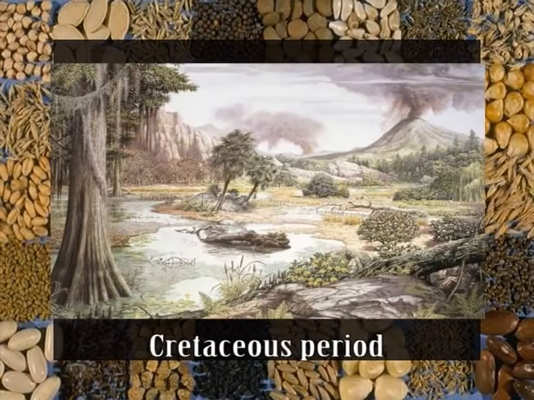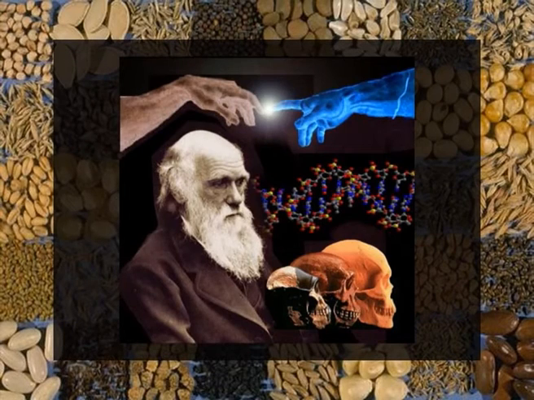But the rapid rise and early diversification of angiosperms during the Cretaceous period has been described by Charles Darwin as an abominable mystery.